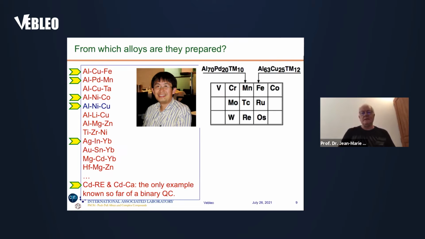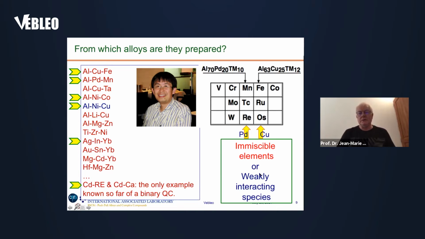So this table shows you two examples: aluminum, palladium, manganese, and this series of atoms from this row of manganese in the periodic table, and also aluminum, copper, iron, ruthenium, osmium. And you can easily observe that the third species does not mix with the second one.